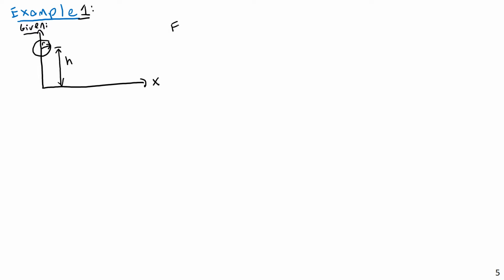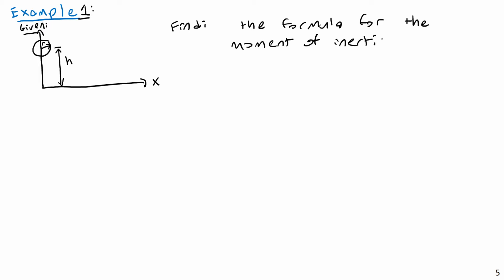And I want to find the formula for the Ix prime, or for the moment of inertia with respect to the x-axis for this circle, in terms of r and h.